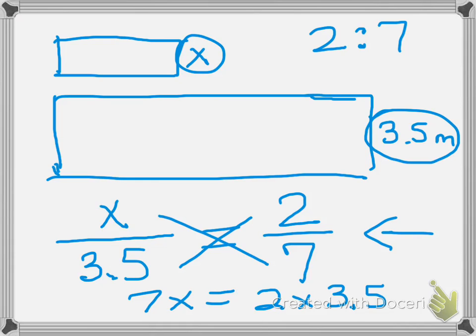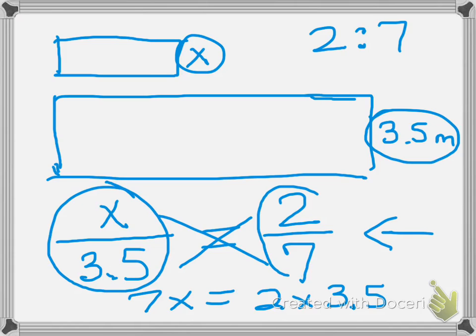So the main idea here is that whenever you have two similar figures, you can set up a proportion. You have the corresponding sides make a ratio, and then the scale factor also makes a ratio. And you can set up a proportion with those and solve for the missing side. So when you do the problems on page 70, you can use this method.